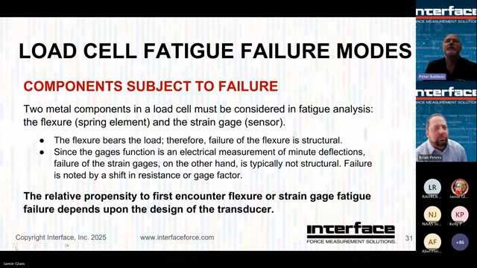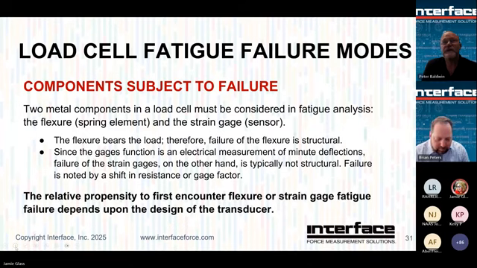All right, the component subject to failure. Still talking about the load cell, the two metal components in a load cell must be considered in your fatigue analysis. There's the flexure, which is your spring element, and the strain gauge, which is your sensor. The flexure bears the load. Therefore, any failure of the flexure is going to be structural.